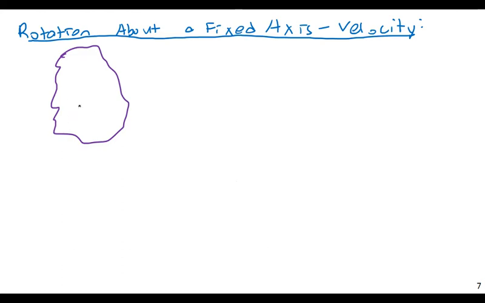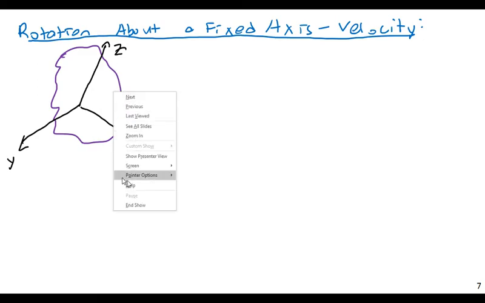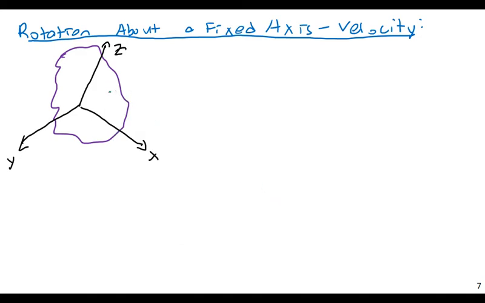So let us say that we have a set of axes, x, y, and z. Maybe I'll define them like so here. X, y, and z. And consider point P here.